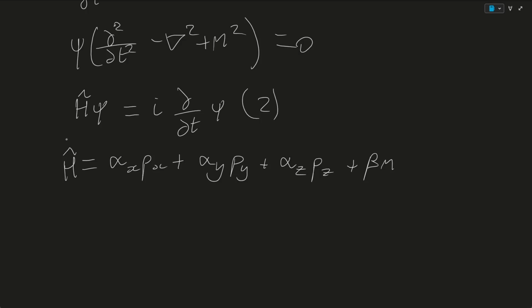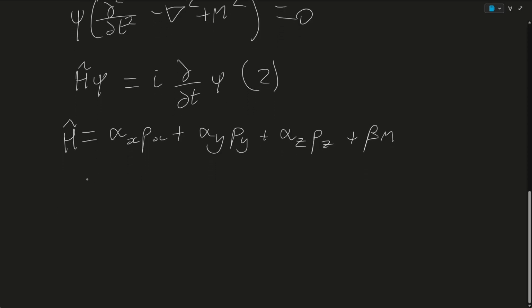Anyway, we can write a 3-vector sum notation for this. Say that this is the sum from k equals 1 to 3 of alpha sub k p sub k plus beta m.